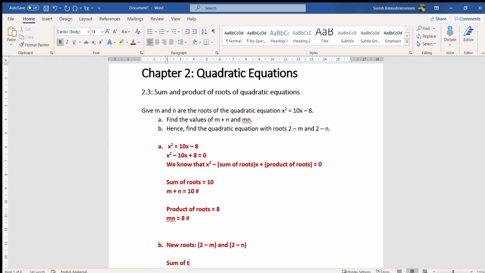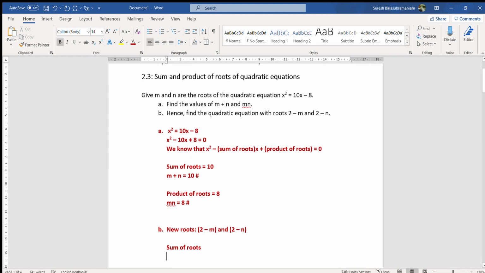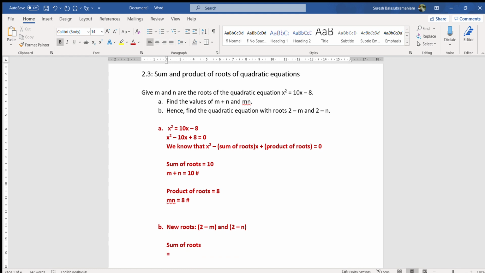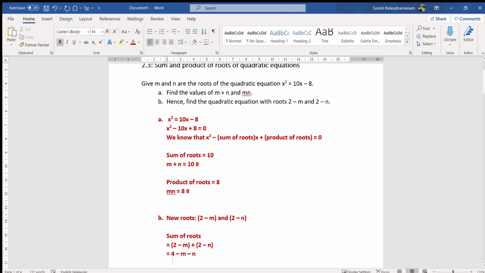The sum of roots is 2 minus m plus 2 minus n, which equals 2 plus 2 is 4, minus m minus n.